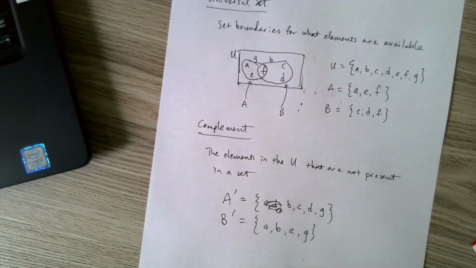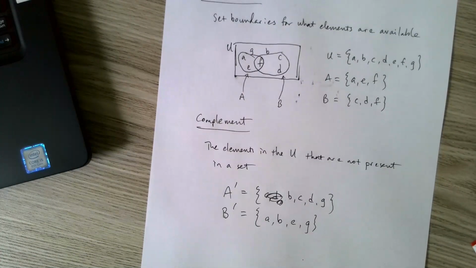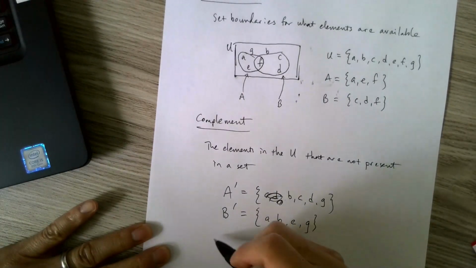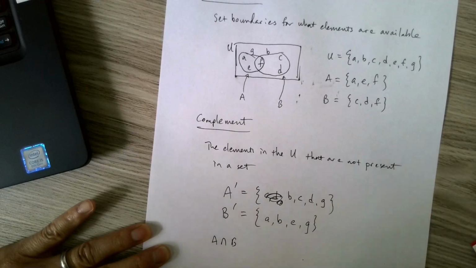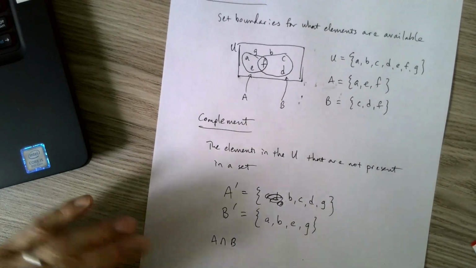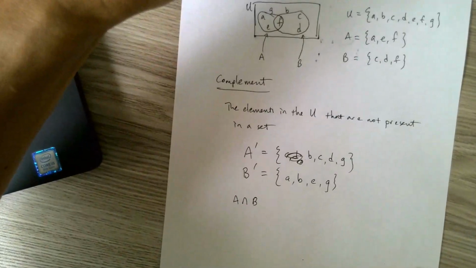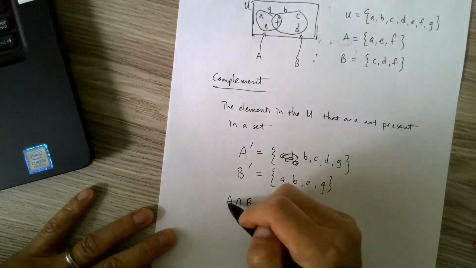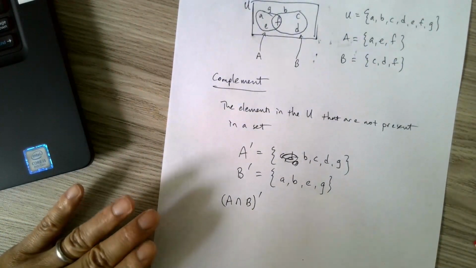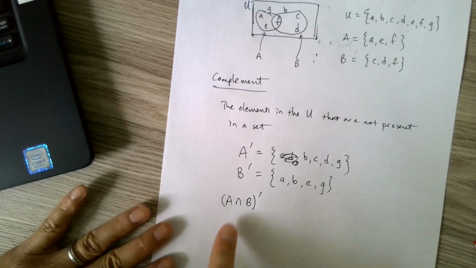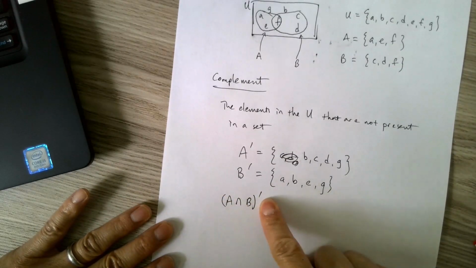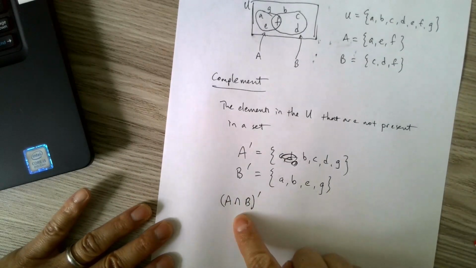Now you can start to do two-step operations. That's the intersection. Here's the intersection of A and B, but I want more than just the intersection of A and B. How about the complement of the intersection of A and B? Okay, so first you got to know what the intersection of A and B is. Then you take the complement of whatever that is.